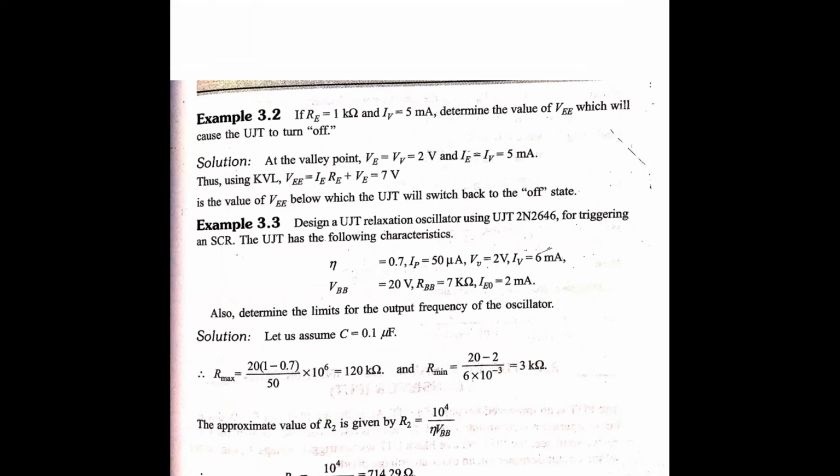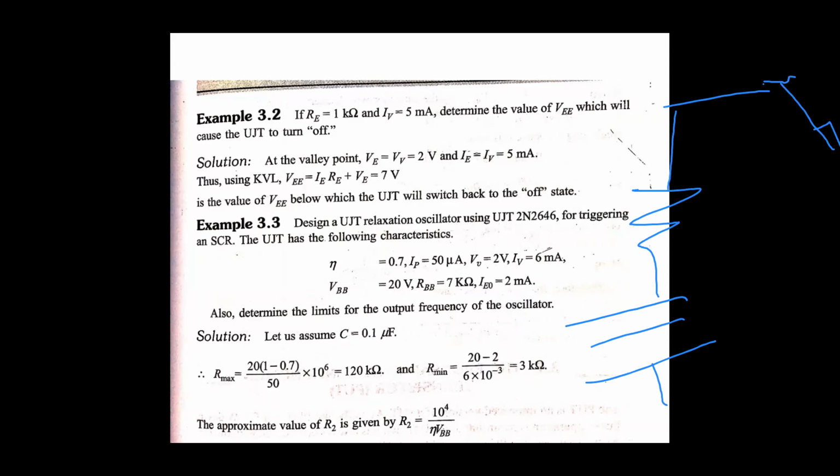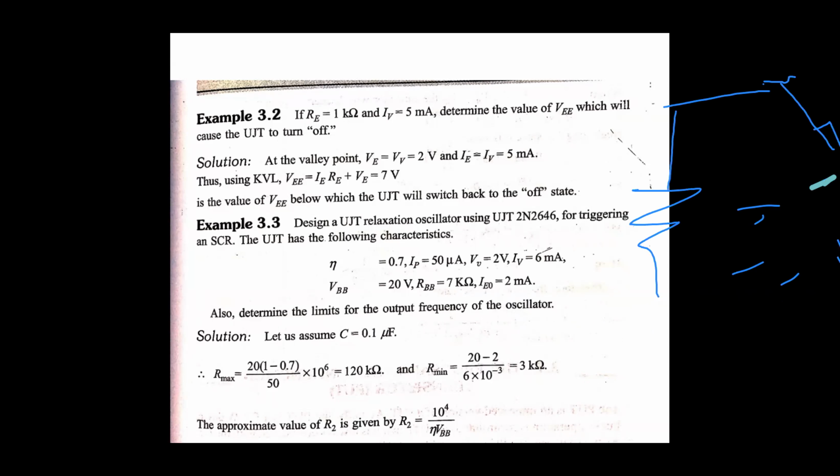Applying KVL at the input side, what does the input side consist of? The input side consists of RE and VE, and here it is going to be the emitter terminal. You can see the input part of the circuit.